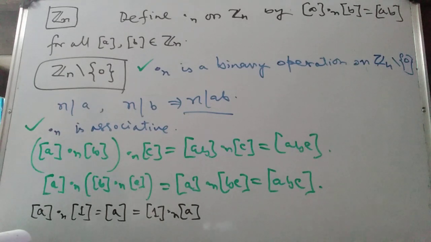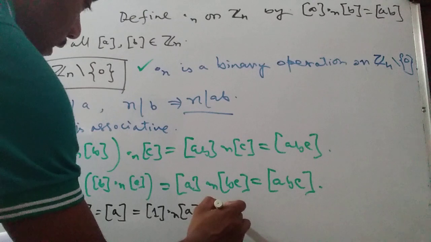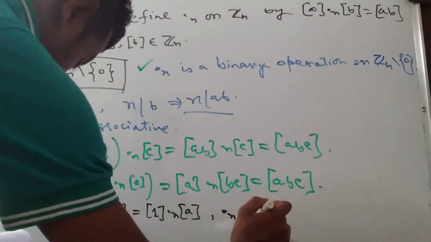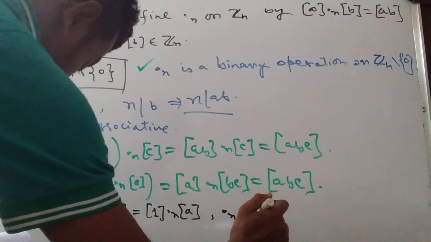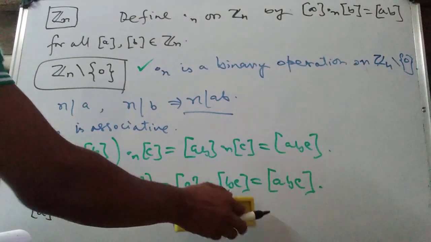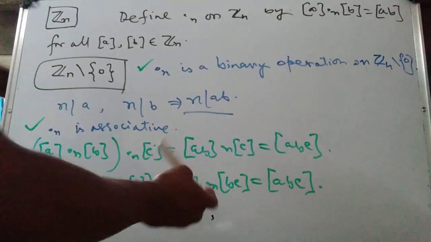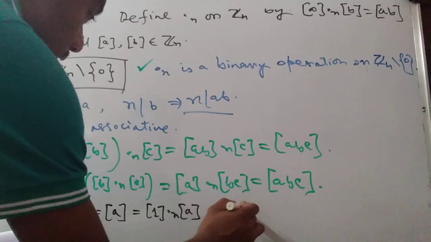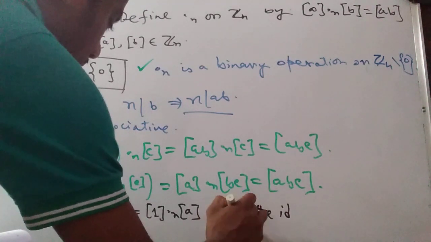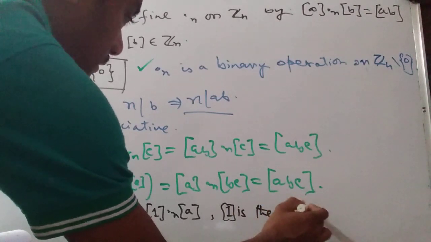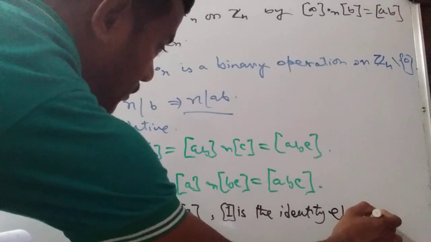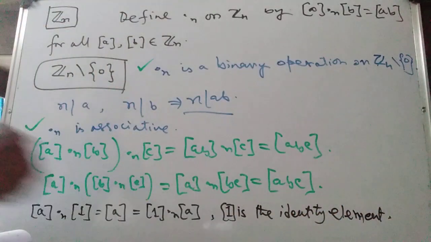This happens, so class 1 is the identity element. Understood? Not a problem at all.